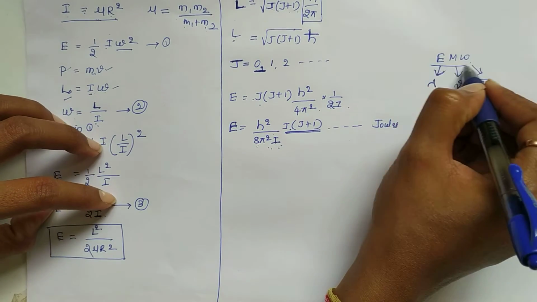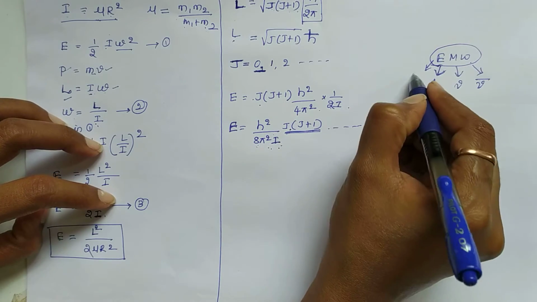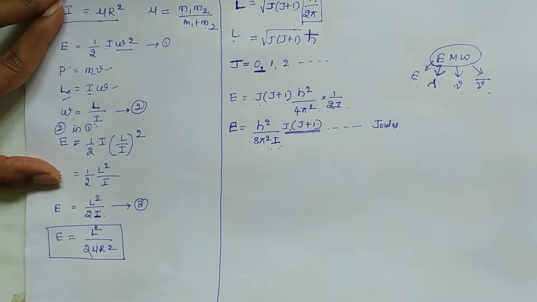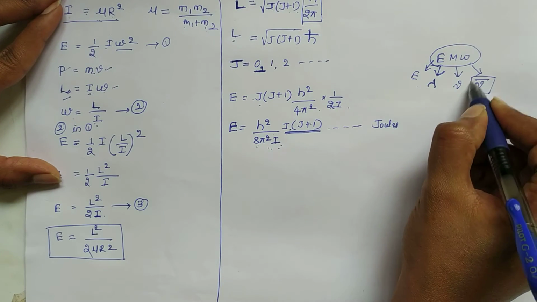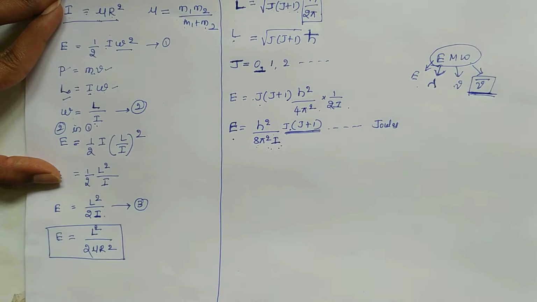If an electromagnetic wave is there, then we can express it either in terms of energy, wavelength, frequency or wave number. So here I am going to express the energy of the rotating diatomic molecule in terms of wave number.